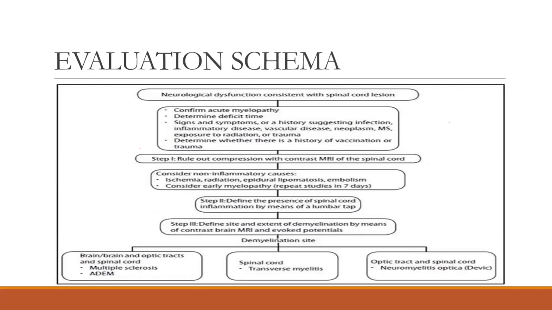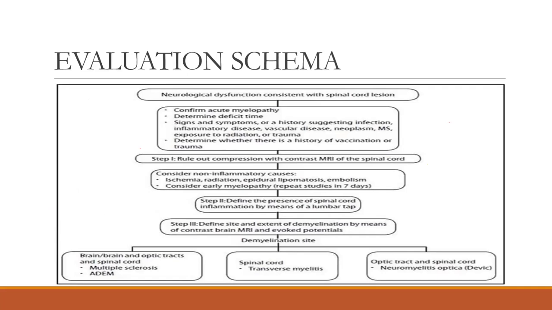So, the basic evaluation schema. Once we think the history and examination suggest a spinal cord lesion, we confirm the time frame, whether it is acute, subacute or chronic, and then we do an MRI with contrast to rule out compression.